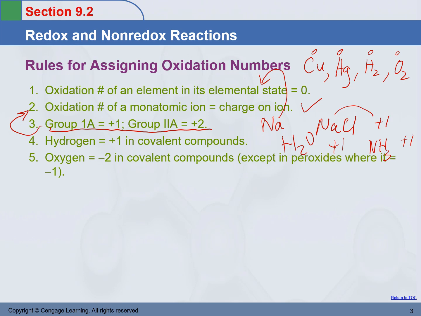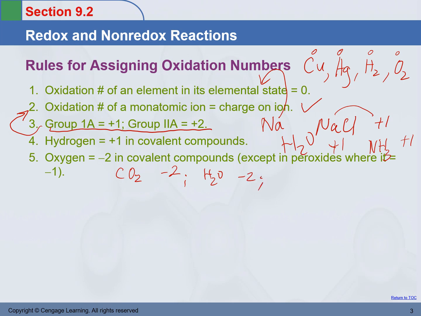Oxygen is -2 in a covalent compound, except in peroxides. Well, oxygen in CO2, we just did it in the last slide. CO2, carbon dioxide, is a covalent compound. Oxygen is -2. Water, oxygen -2.